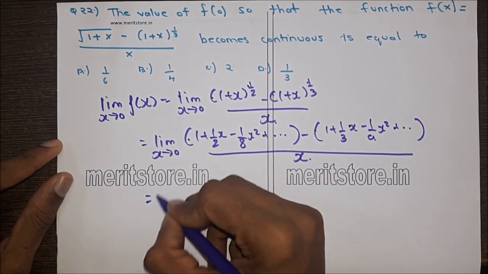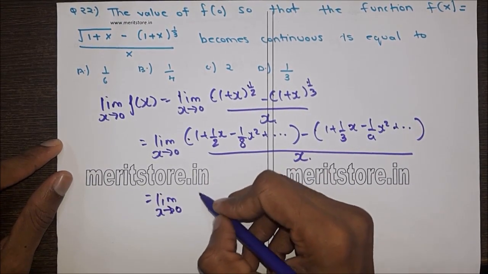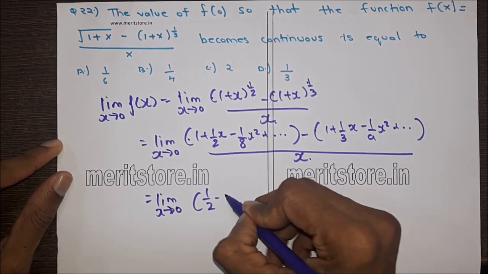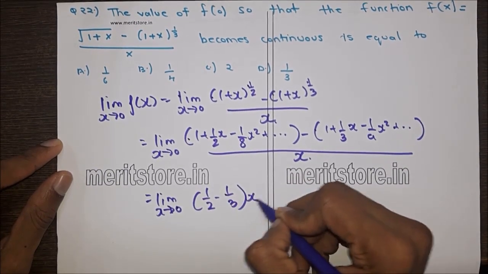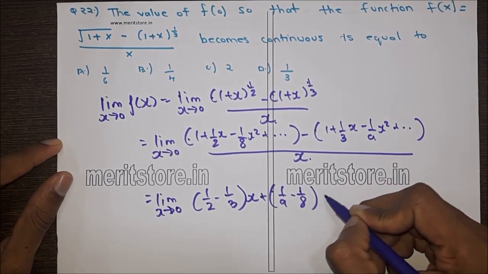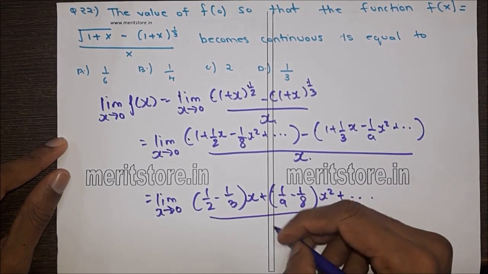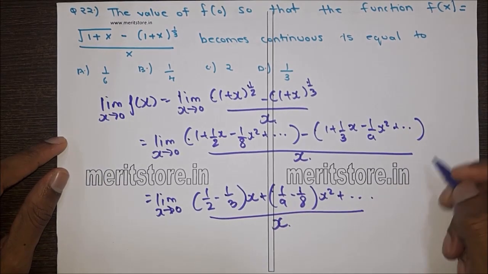Further we can write this as limit x approaches 0 of (1/2 - 1/3)x + (1/9 - 1/8)x² + ... upon x.